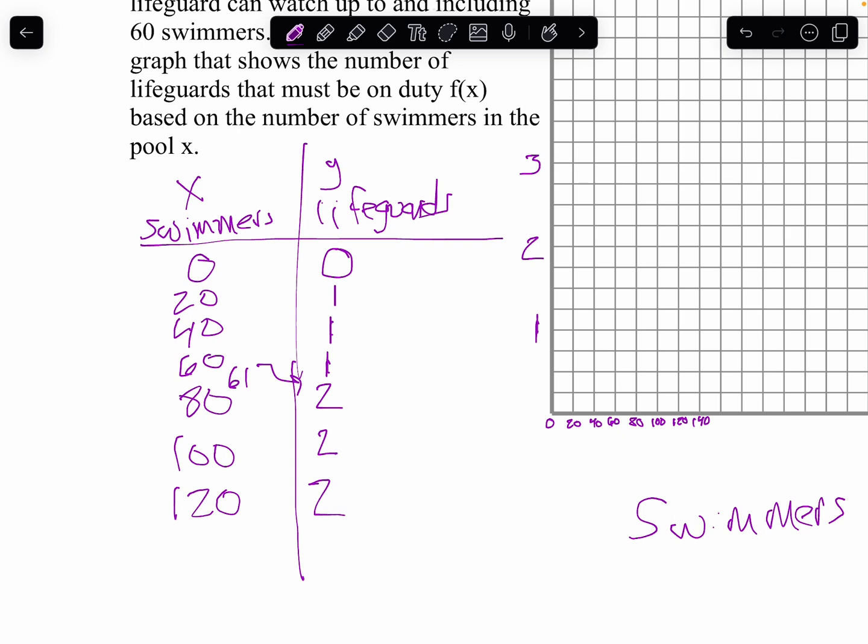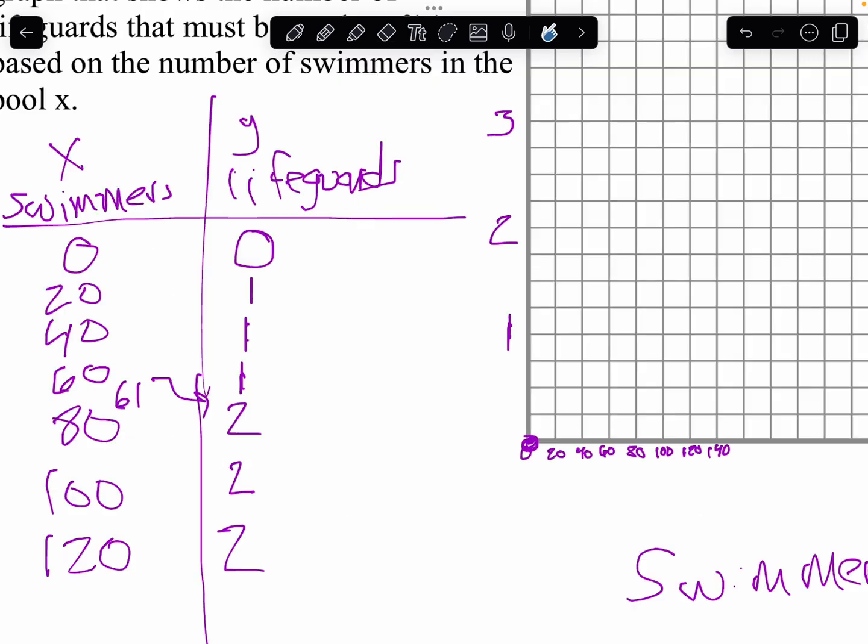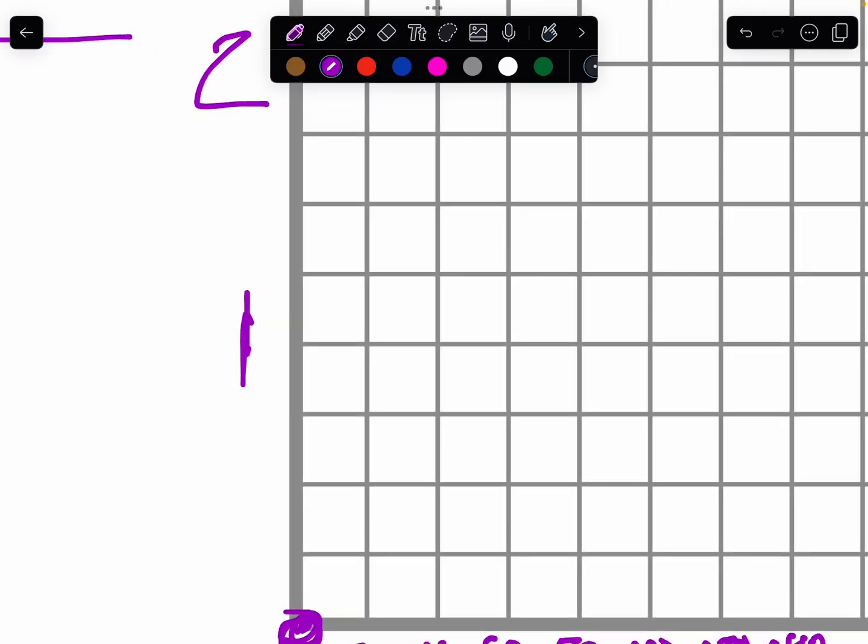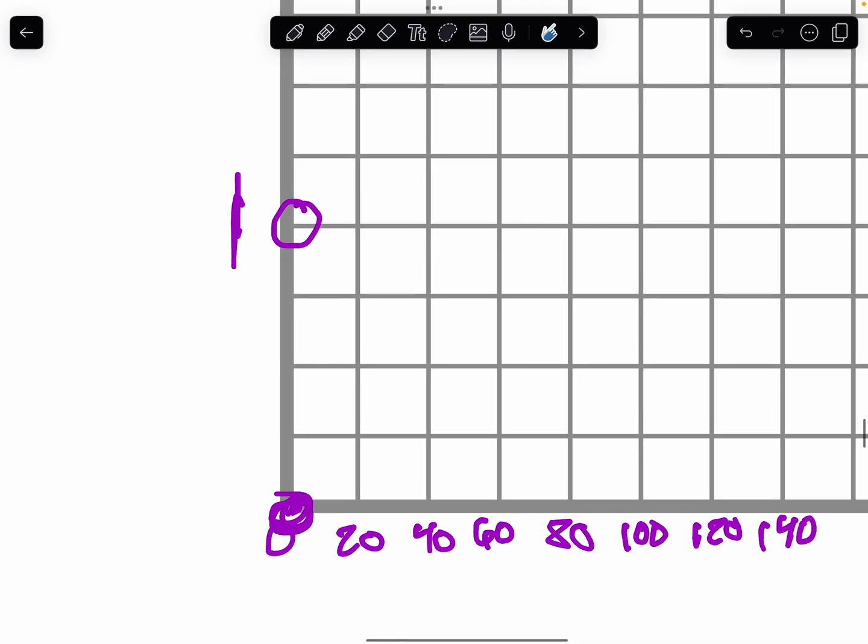So I know 0 swimmers, I have 0 lifeguards. Then anything over 0, I'm going to put an open circle on 0. On 1, I'm sorry. I'm going to put an open circle on 1. I'm going to make this a little bit bigger. Open circle on 1 because I'm counting by 20, so I can't really just put 1 in there.